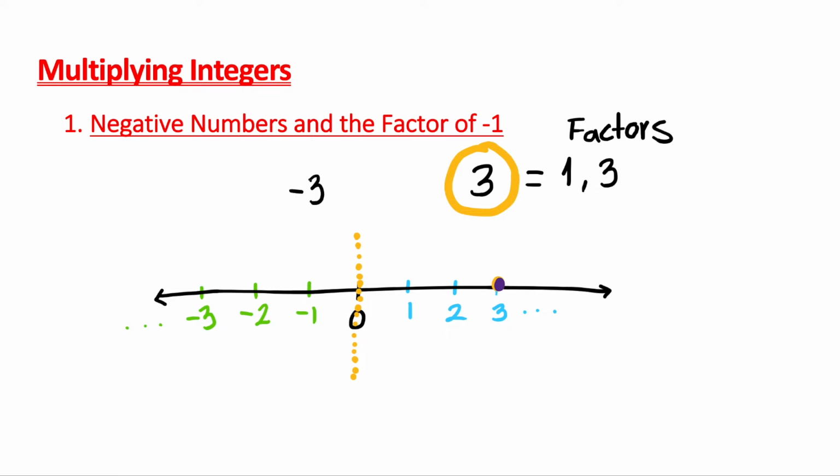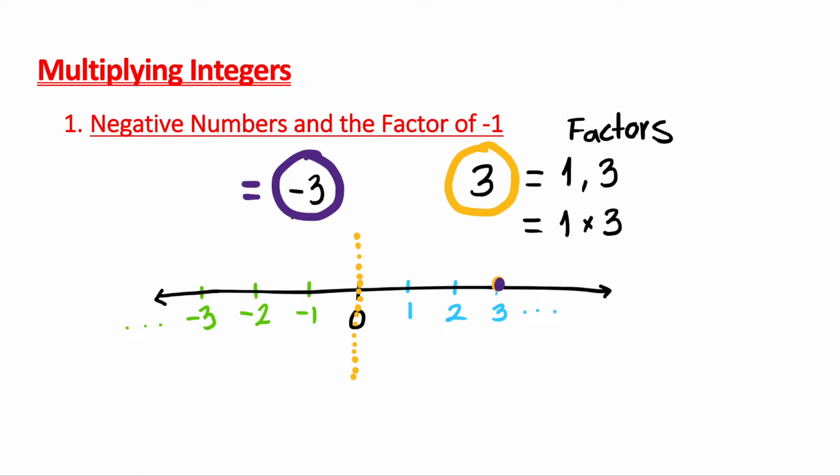What about negative 3? What are the factors of negative 3? If we think about it, it's the same. When I say that the factors are 1 and 3, I can say that 3 is equal to 1 times 3. Agree with that? Okay.